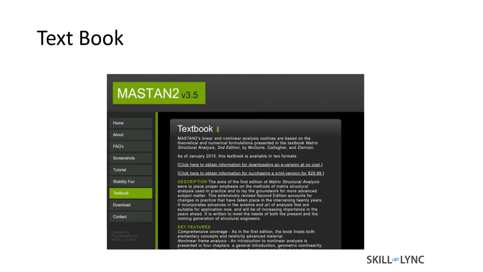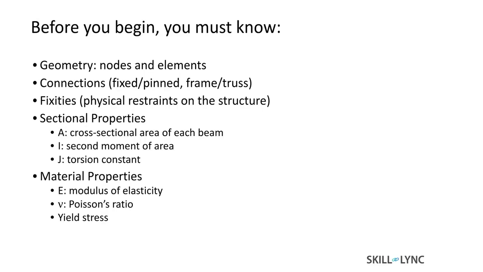We can use this as a good reference material when we get started with the course and see how we can make it simpler using the code that we develop throughout this class. So basically, before you get started with Mastan, all you need is to know the geometry of the structure, frame, connections, or basically you can play around with any type of connections to get warmed up with.